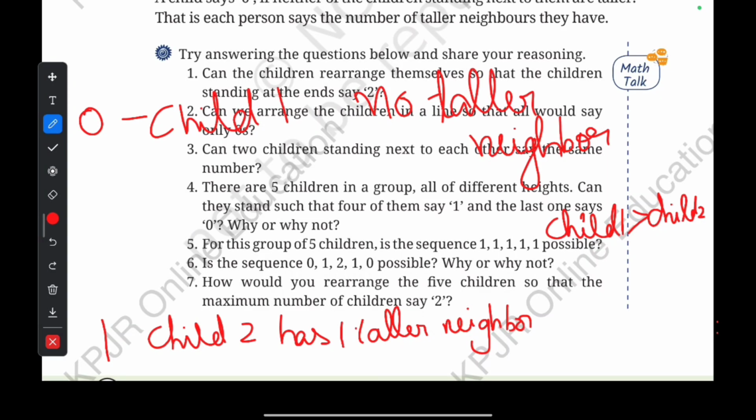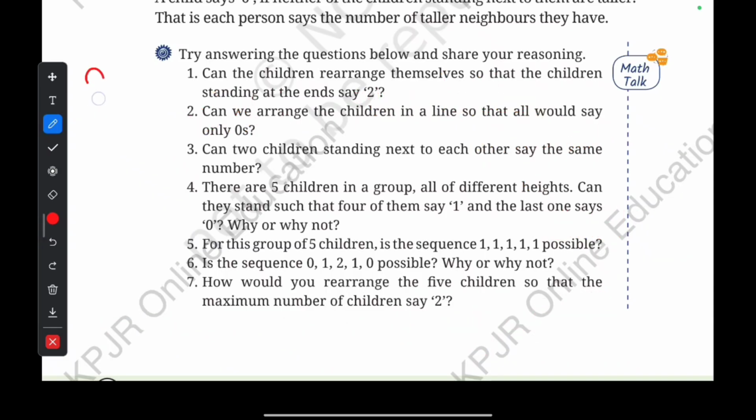Understood? Child 1 is tall. This means that child 1 is taller than child 2. I will write C1, you write it fully. Child 1 is taller than child 2. So how do we represent that? Child 3 is less than child 2. Correct? Moving on to the value 2. 2 means child 3 has two taller neighbors.